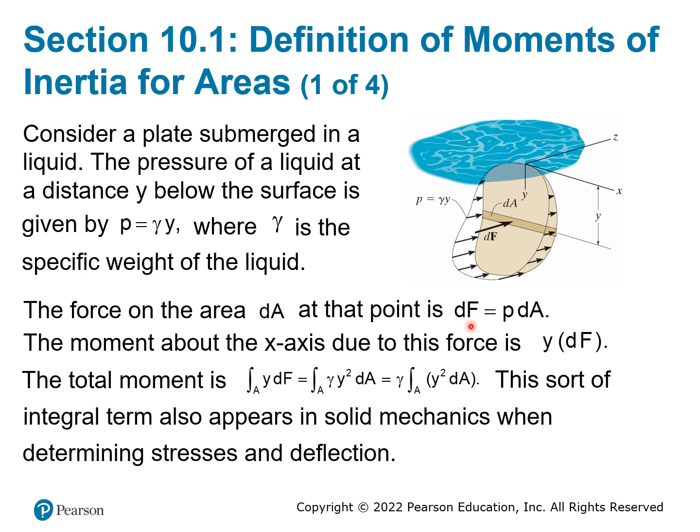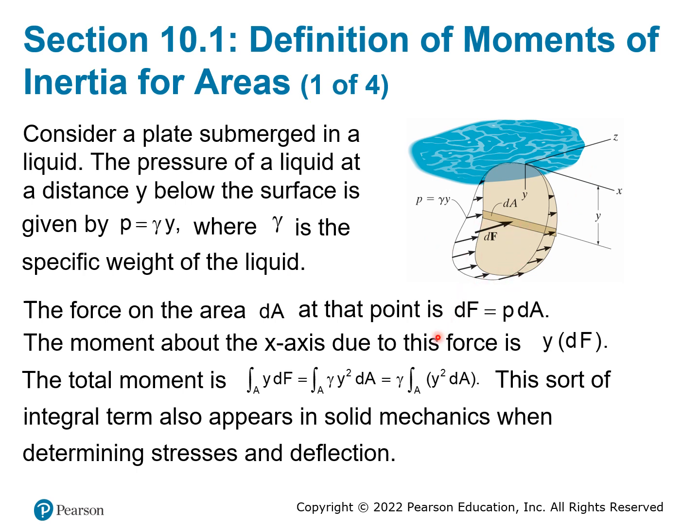Once you know the force, if you multiply it by the distance, which is y, you get what we call the moment. So the moment about any of the axes, in this case the x-axis, tells you how the force makes it rotate around the x-axis.